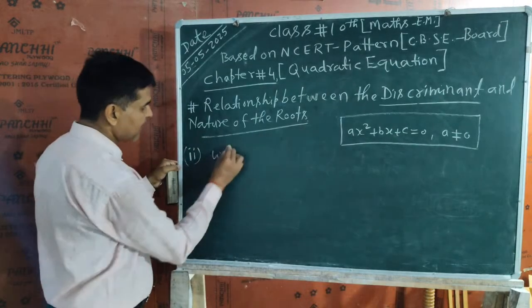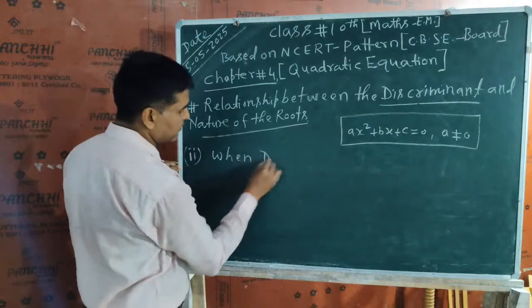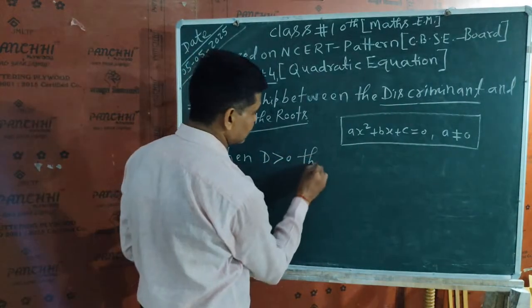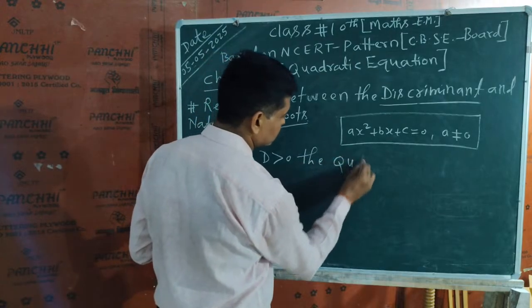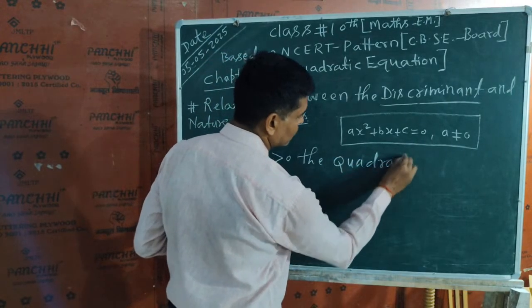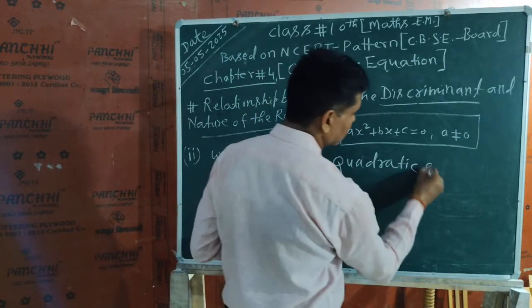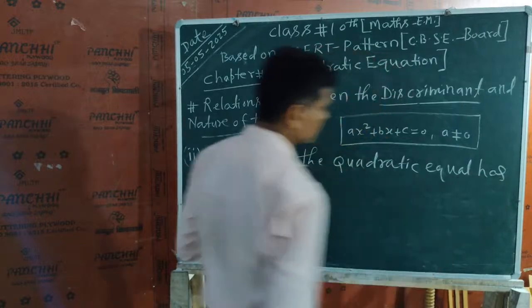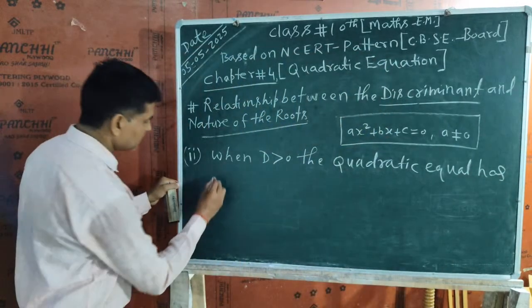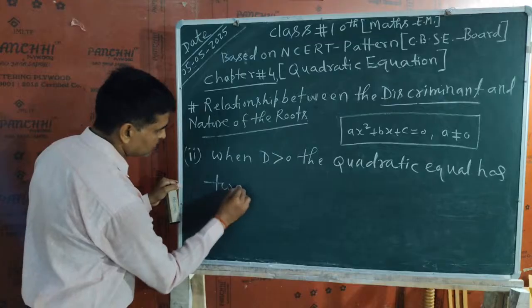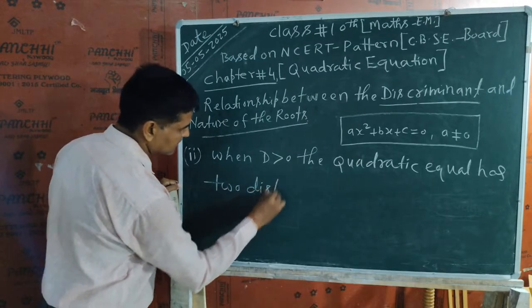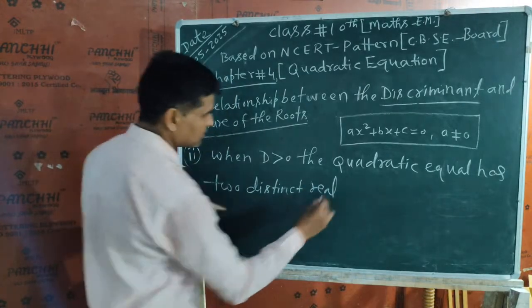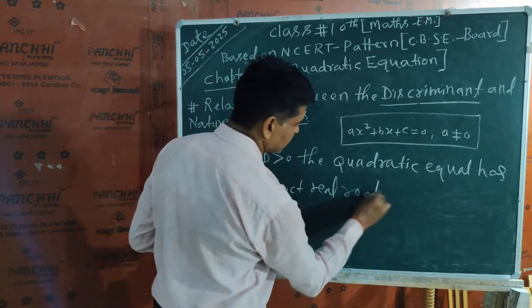When the value of D is greater than 0, in this case I will write here that the quadratic equation has two distinct real roots.